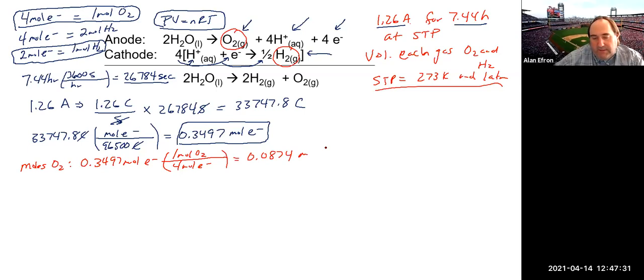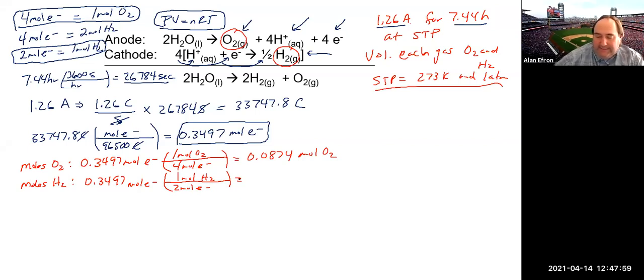We also can get our moles of hydrogen the same way. We'll do our 0.3497 moles of electrons. We're going to use our half reaction for hydrogen. And again, you can use either one of those. I'm going to do the 2 moles of electrons is 1 mole of H2, or you could do the 4-to-2 relationship, which is obviously the same.